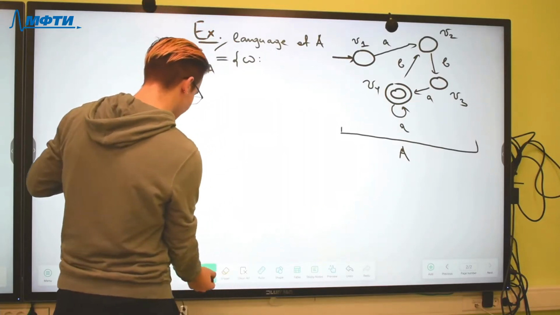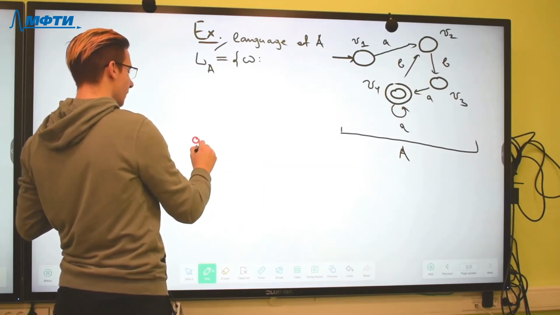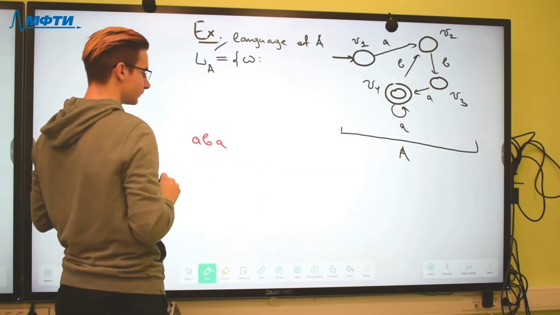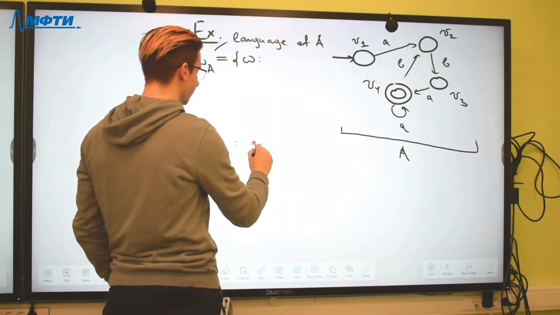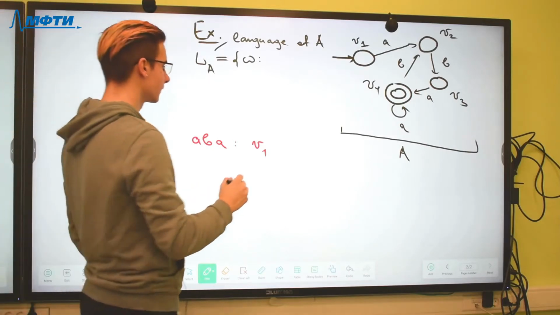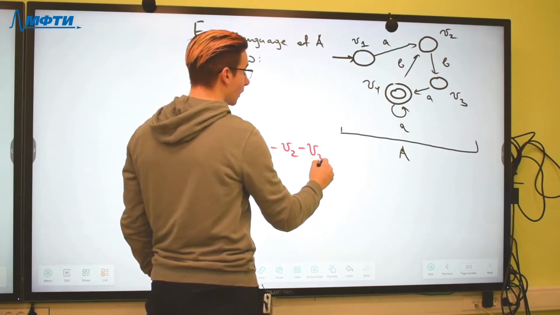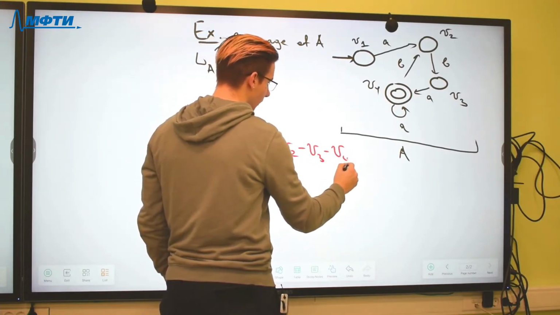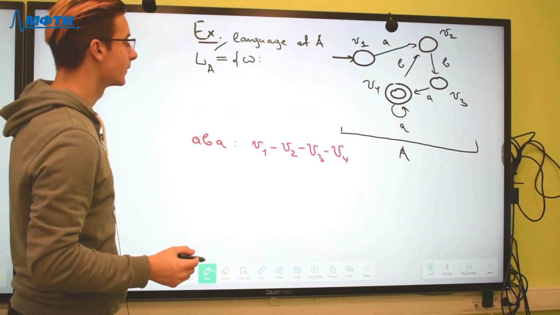For example, I can connect with the word ABA paths that start with the vertex v1 and end with the vertex v4.